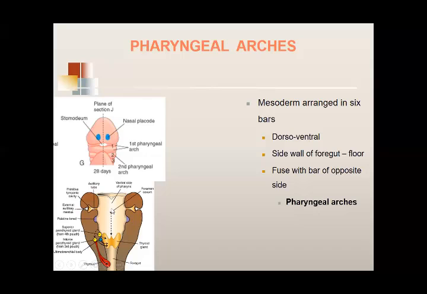Anteriorly ये इस side की bar और इस side की bar, they would come and meet in the center, in the midline. ये जो bars of mesenchyme and that come and meet in the midline, in the center, they are called pharyngeal arches. ये देख लीजिए, यहाँ पे दिखा दूं, ये bars हैं, they come forward side wall of the pharynx, they come and meet in the midline. ये 1, second arch, third arch, ठीक है, and so on.